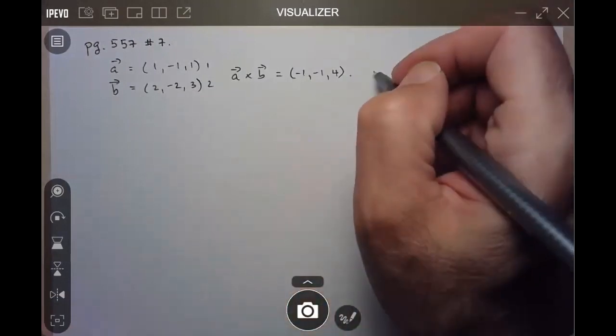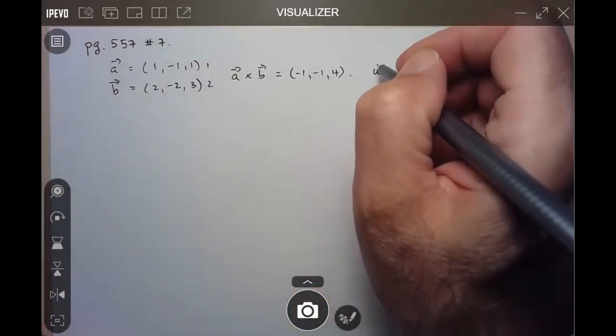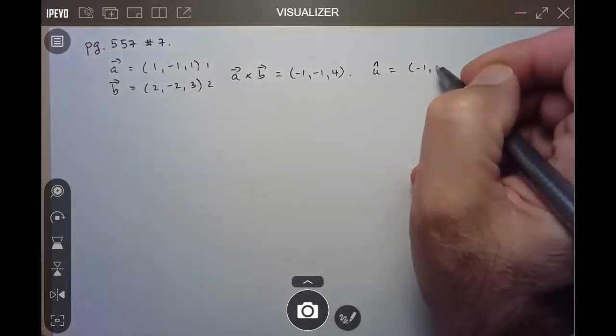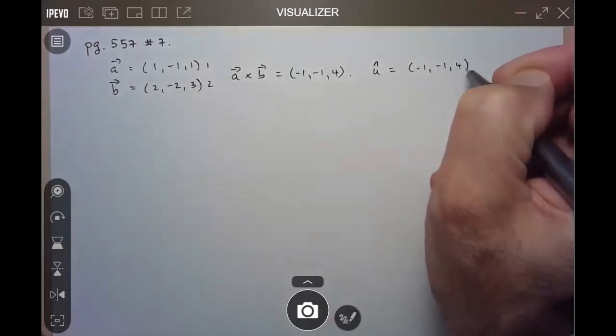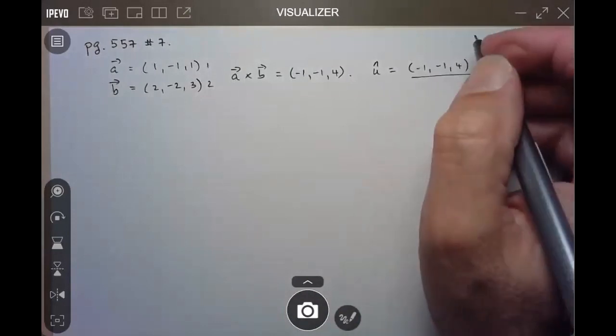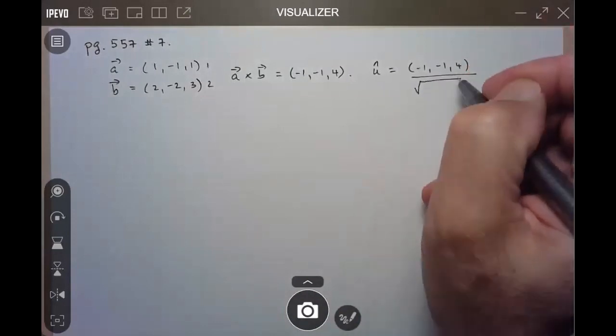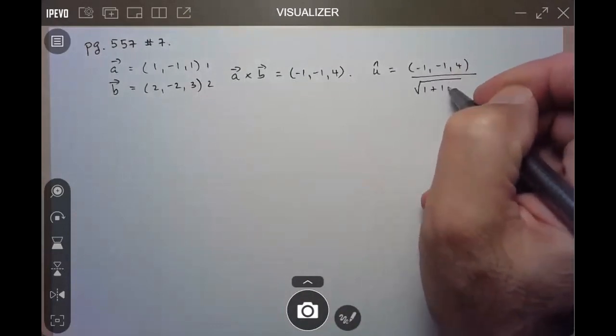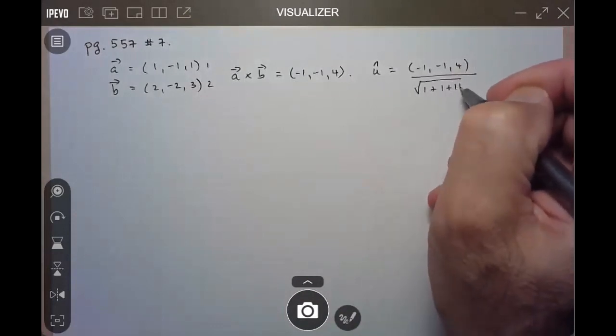Okay, so this is where we're going to remember how we find unit vectors. You just take the vector, in this case -1, -1, 4, and you divide it by its magnitude. So 1 squared is 1, plus 1 squared is 1, plus 4 squared is 16.